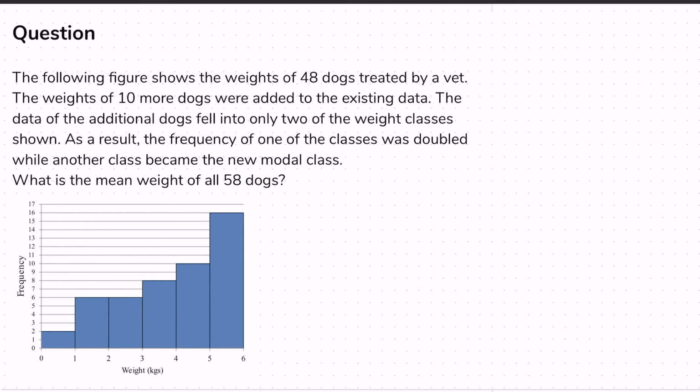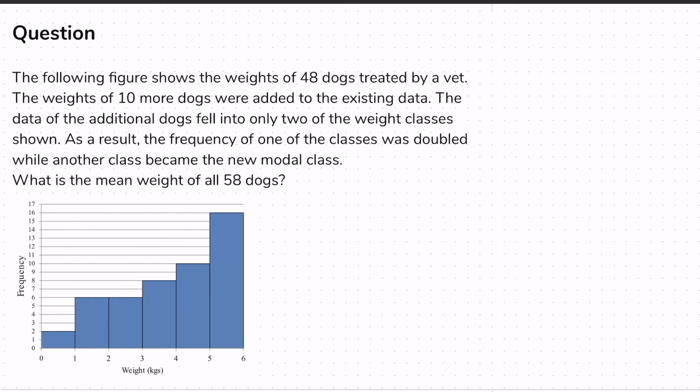And with that in mind, I look at the second part. Another class has become the new modal class. Well, that immediately tells me it's not this one. That's already the modal class. So if we're putting them into two weight classes, what I need to do is figure out which ones I can double, and then what I can do with the rest of the dogs in order that the other thing is true.